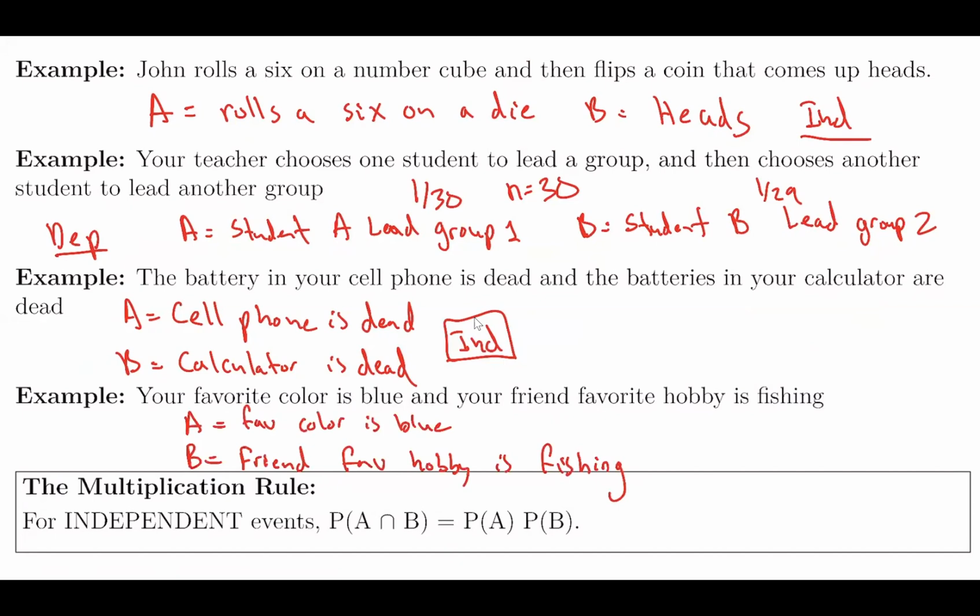All right, so for this one, we have event A, which is your favorite color is blue, and event B, which is your friend's favorite hobby is fishing. Does the fact that your favorite color is blue have any influence on the fact that your friend's favorite hobby is fishing? Cool, no. Since the answer is no, what should I say? Is it independent or dependent? For this one, we should say it's independent.